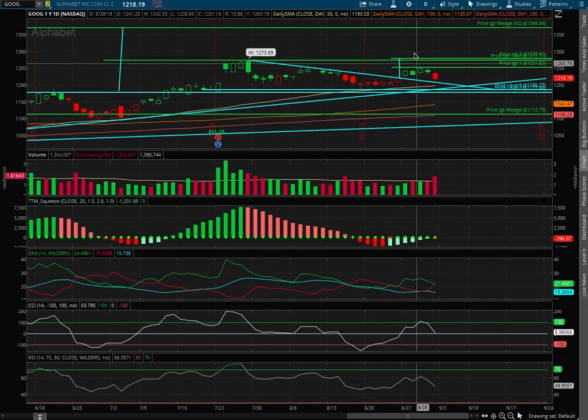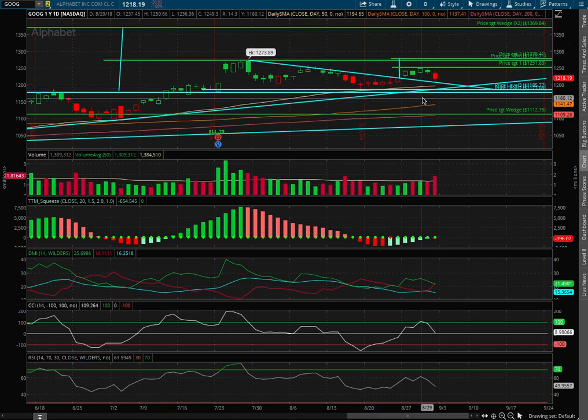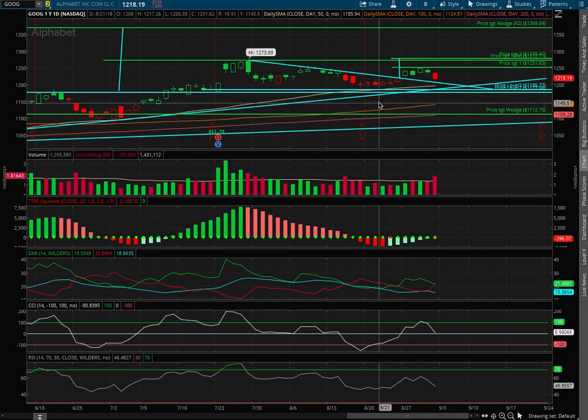So if it breaks the high, it's breaking the bull flag on the weekly, and it's going to continue to go and hit my second price target. So I might be holding them for the whole 2 to 3 weeks. So we'll see.